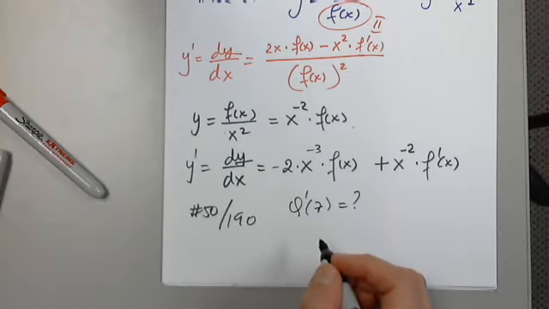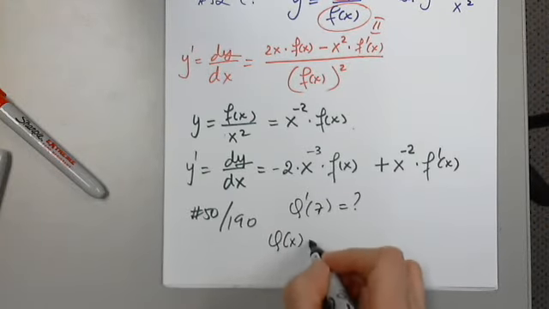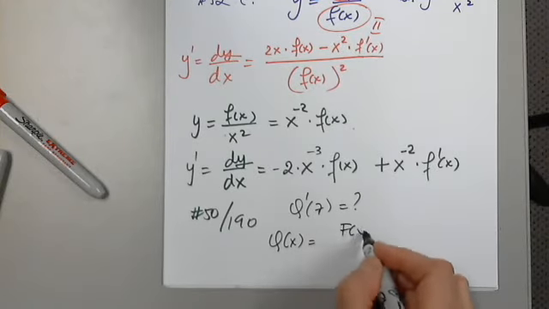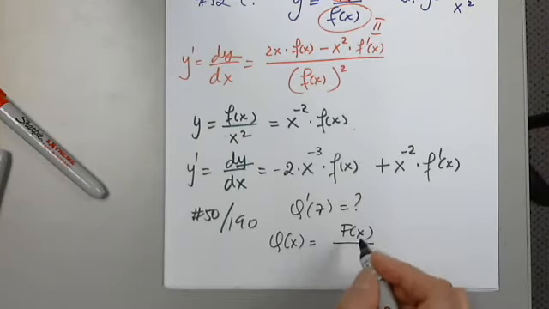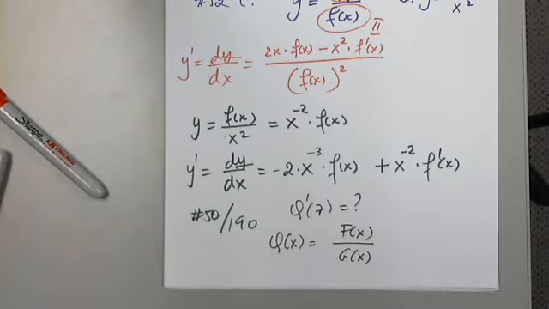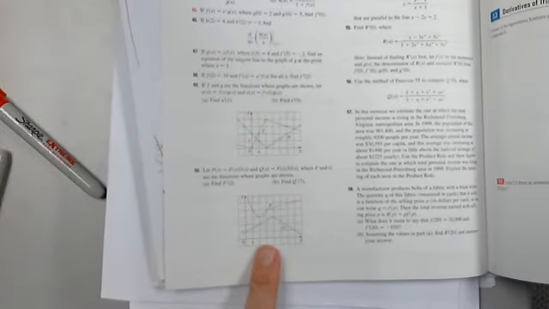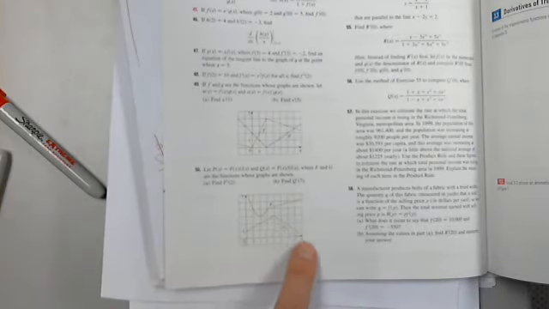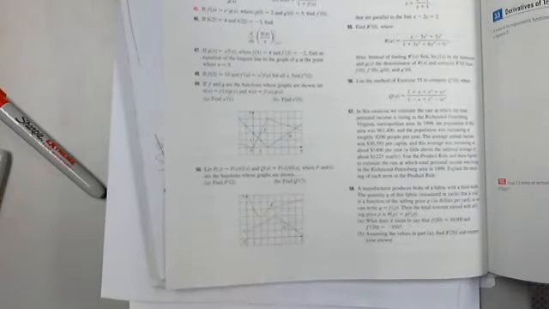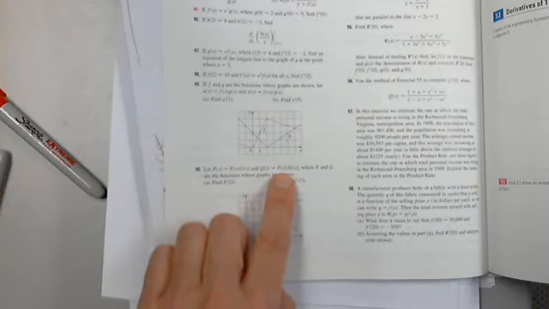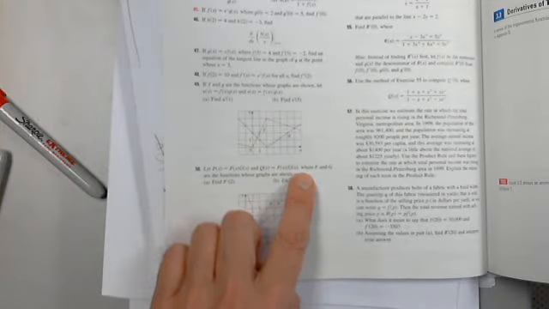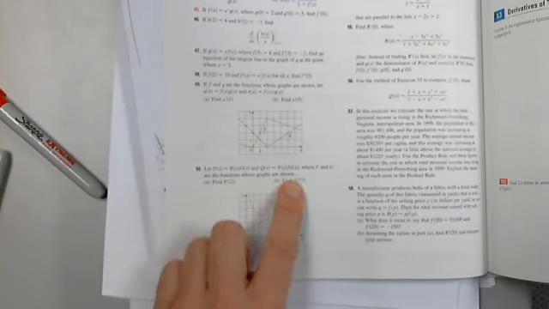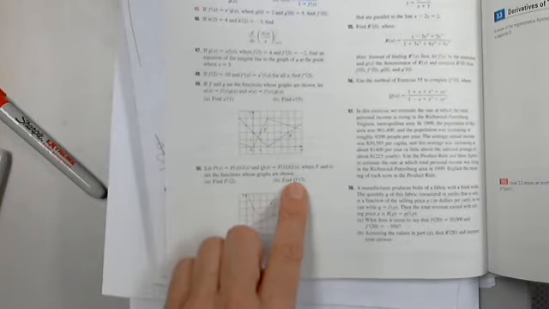Okay, q is given to us, q of x is f of x divided by g of x, where f and g are two functions. Here's the graph. Here's f in red, and here's g in blue. So they're given q as f of x over g of x. f and g are functions whose graphs are shown. We're asked to find q prime of 7.